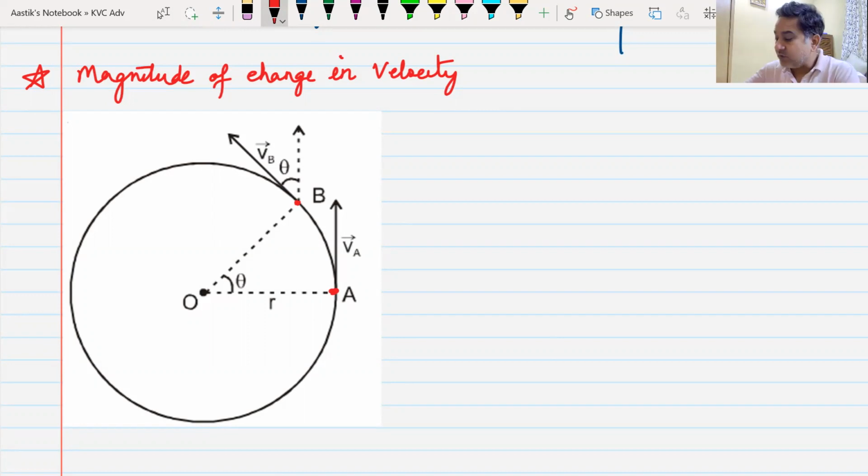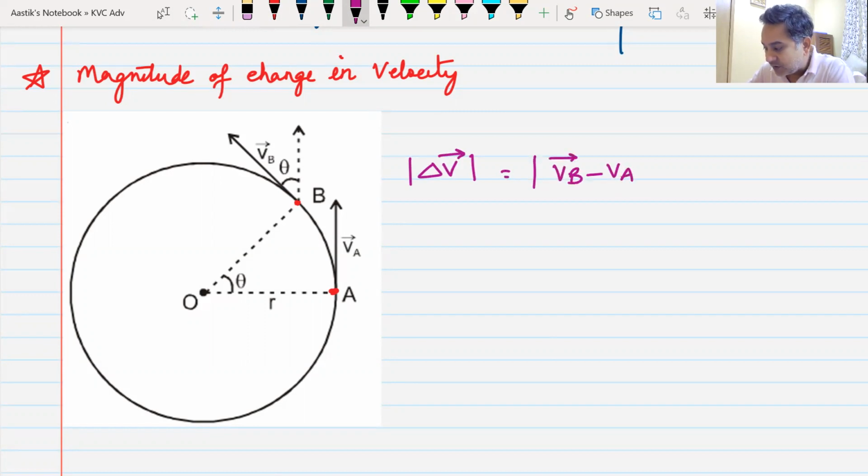Now, sometimes they are going to ask you what is the magnitude of change in velocity. So, change in velocity is delta V vector, and they ask you its magnitude. So, basically, what you need to do here is find VB minus VA and find its magnitude. This is nothing but the vector addition of VB with the negative of vector VA, or the subtraction of vector VA from vector VB.